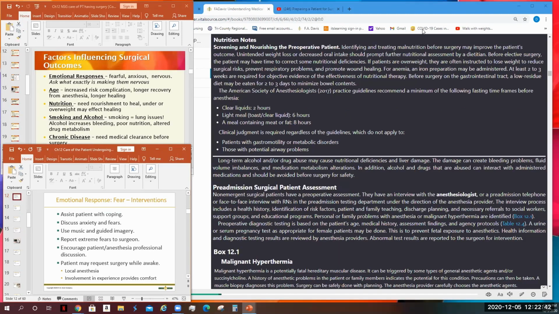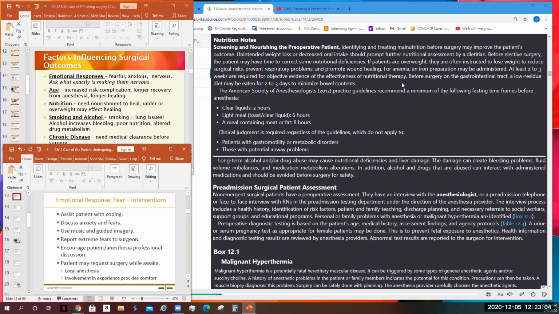Nutrition notes. Screening and nourishing the preoperative patient. And this is the top of page 174. Identifying and treating malnutrition before surgery may improve the patient's outcome. Unintended weight loss or decreased oral intake should prompt further nutritional assessment by a dietitian.